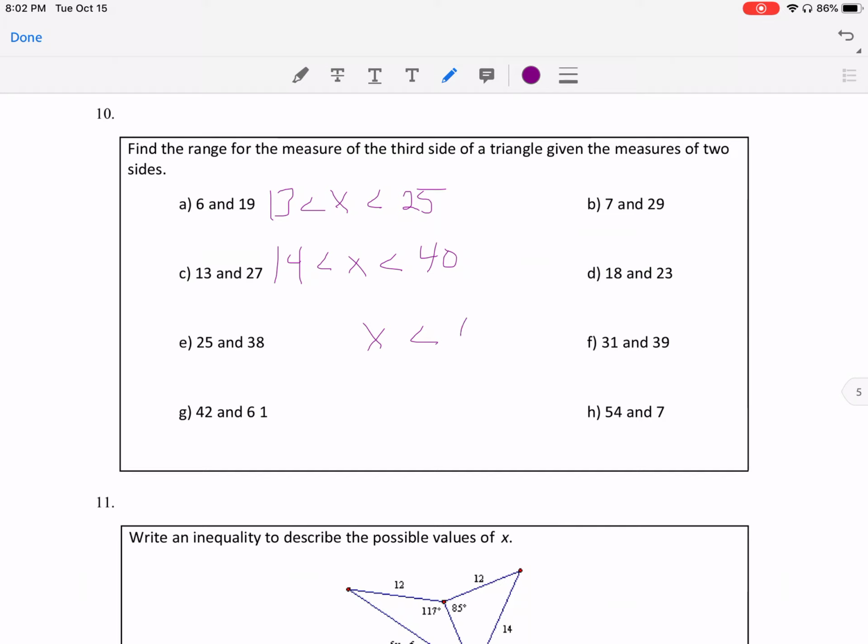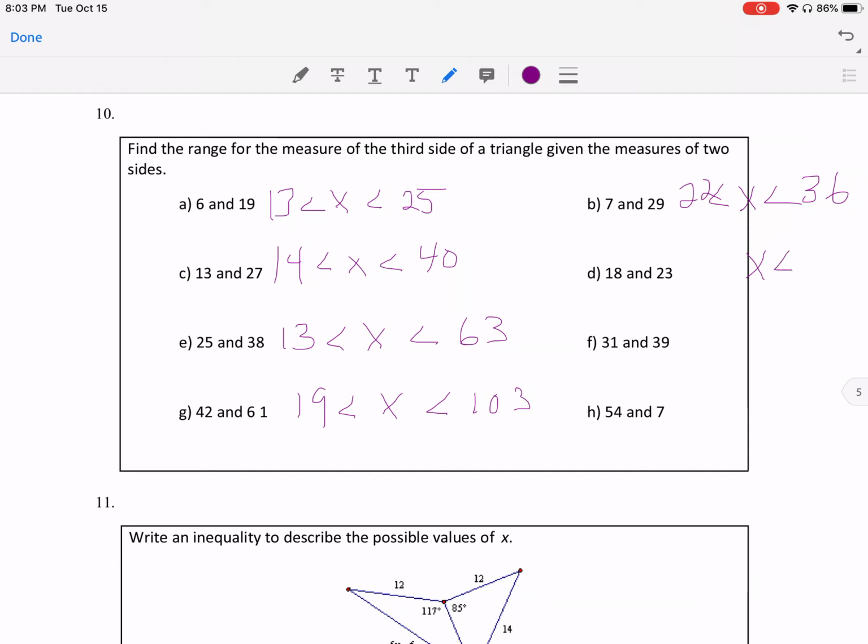This right here has to be less than 63. Yeah, 63. And I don't have a calculator here, so forgive me if this is incorrect. 13. X has to be less than 103 and greater than 19, I believe. Okay. This one here has to be less than 36 and greater than 22.